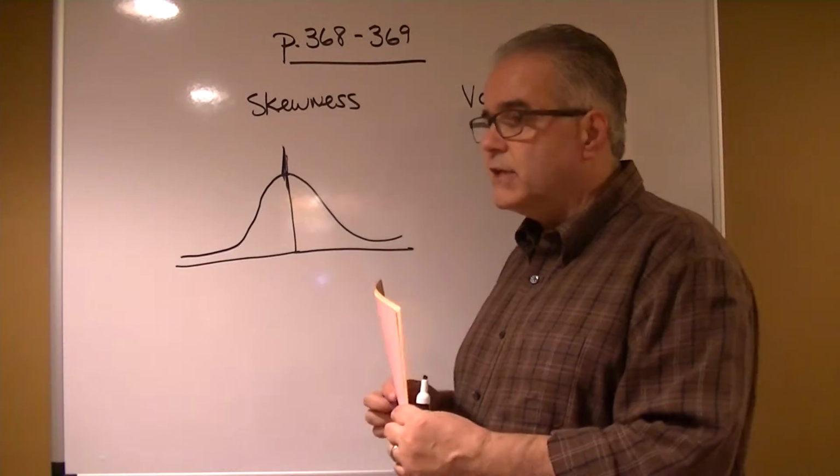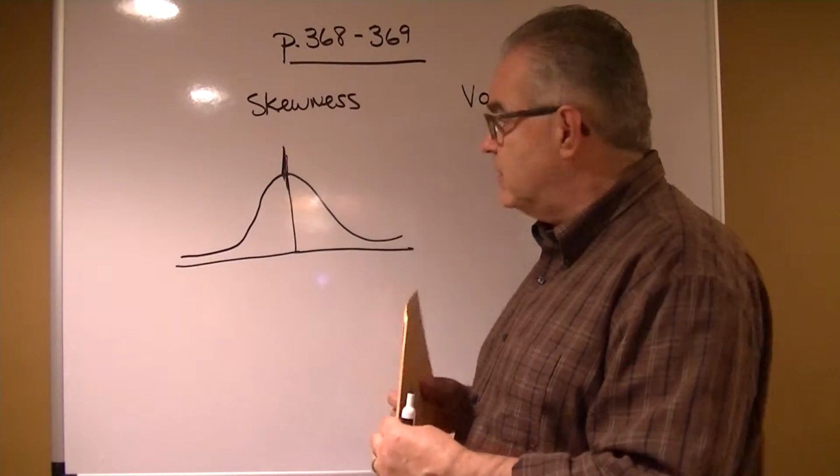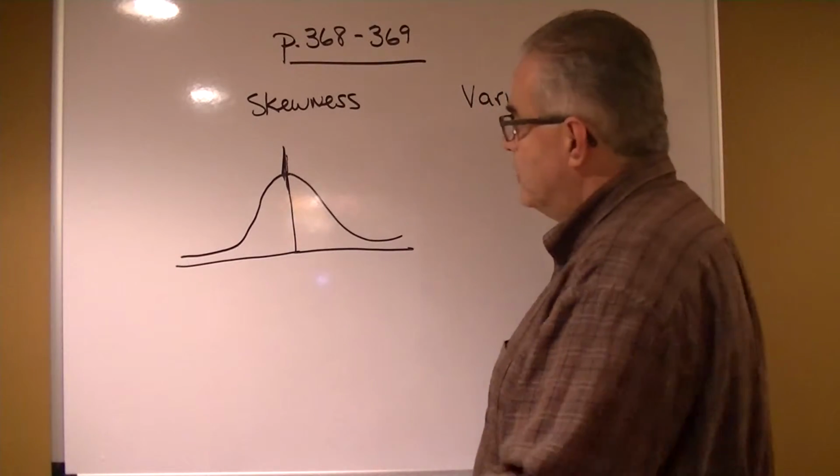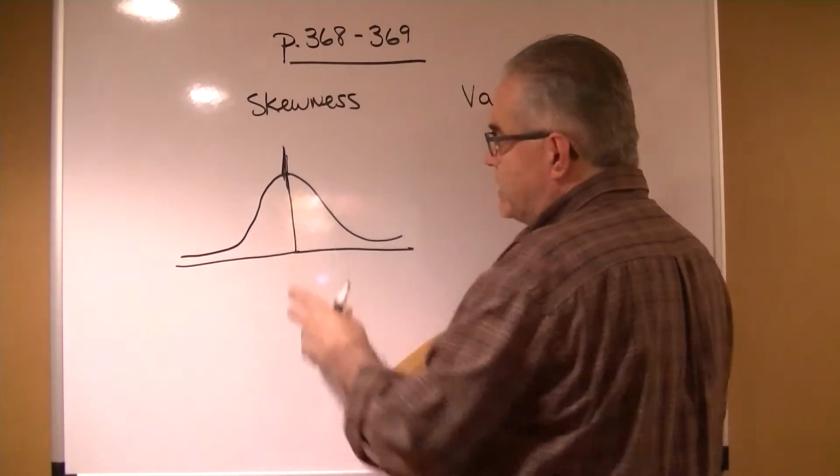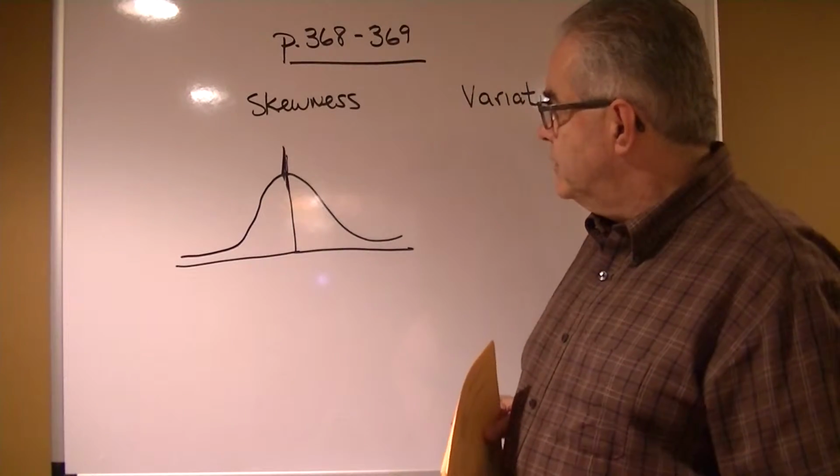There are many different options to choose from. But anyway, you'd have this, and it would be mirrors of each other, and this is a symmetric bell curve.